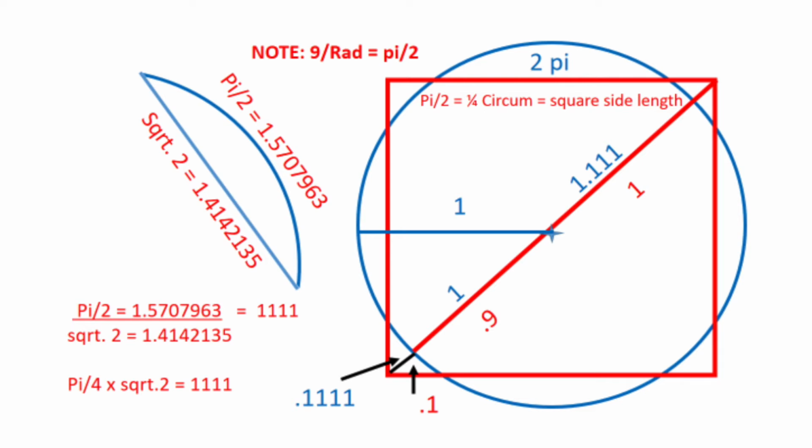It then becomes apparent that half of the square's side length, or pi over 4 multiplied by square root 2, is equal to 1111. And is necessarily also equal to pi over 2 divided by square root 2, which again redundantly validates the current model's proposal.